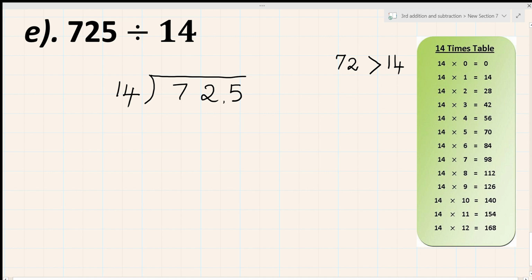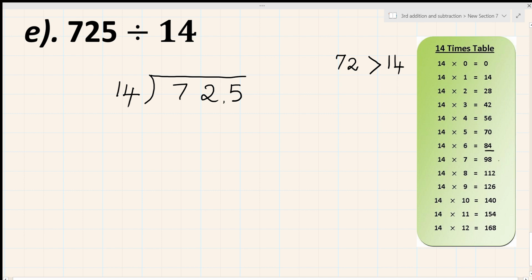Now look into the 14th table, whether you have 72. 14 5s are 70, 14 6s are 84. No, we don't have 72. We have 84 the sixth time, but 84 is greater than 72.